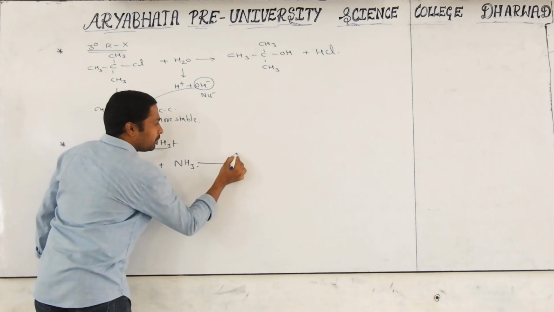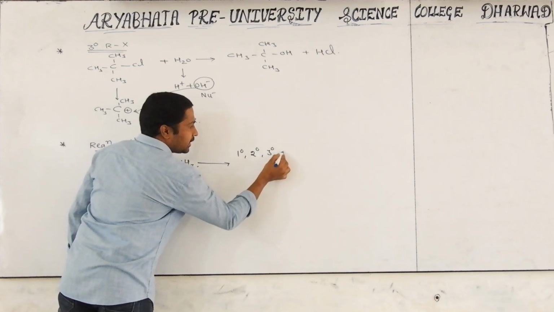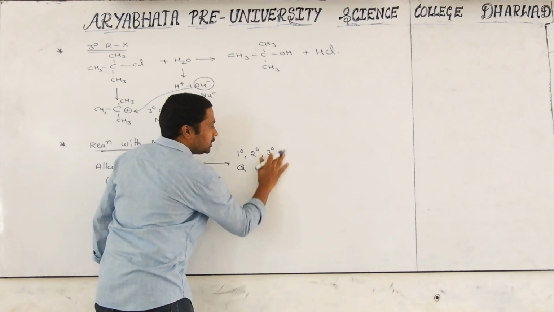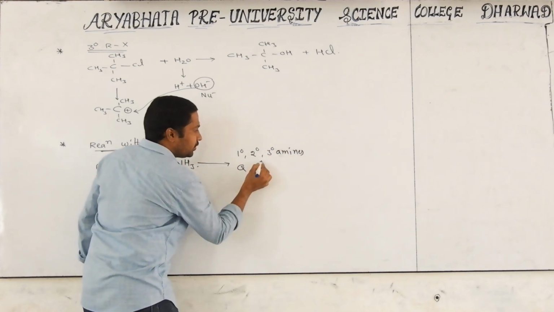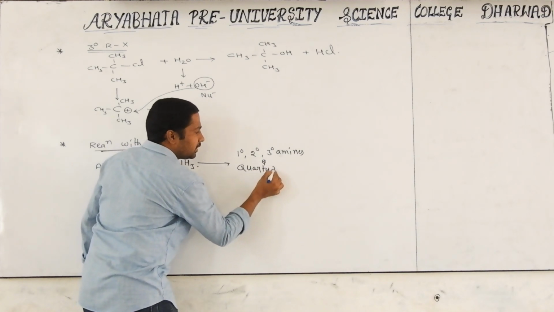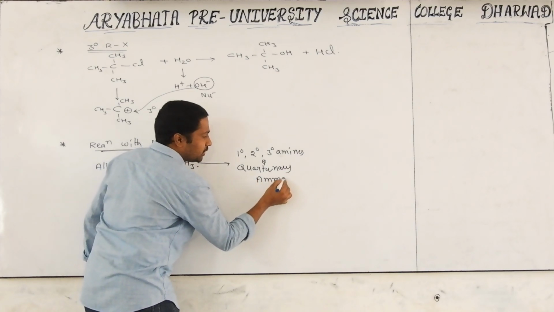Then we get primary, secondary and tertiary amines, and also we get quaternary ammonium salts. I will explain, don't worry about this one.